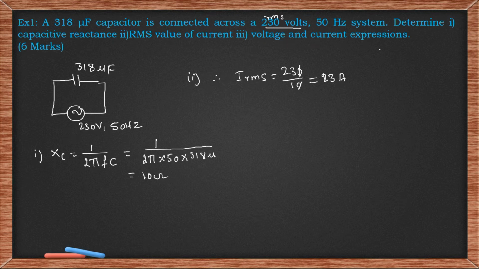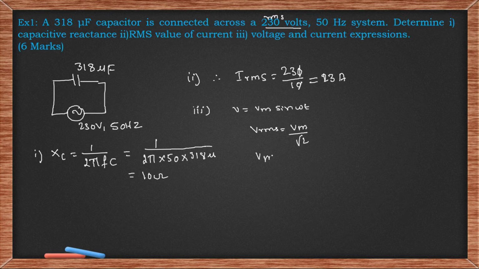Then what are they asking? The voltage and current expressions. Let us say V is equal to Vm sine omega t. This is the voltage. I want to write it in terms of the equation. Here Vm is the maximum value, and 230 volt is the RMS value. We know the formula Vrms is equal to Vm divided by root 2.